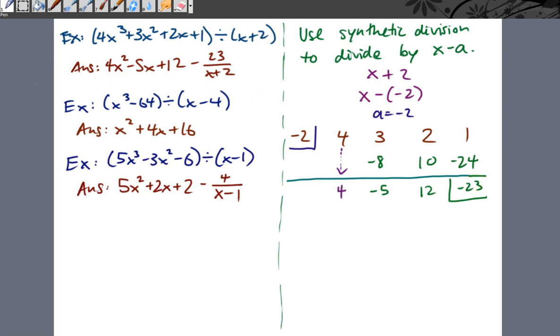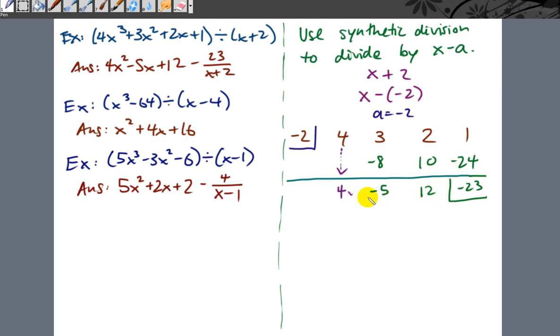Now, let's look at this little shortcut method. We started off with 4x cubed plus 3x squared plus 2x plus 1. This is this coefficient, this is this coefficient, this is this coefficient, and this thing in the box here is our remainder. So this would be 4x squared, this is 5x, and this is plus 12.